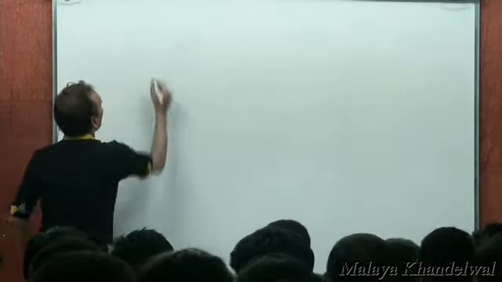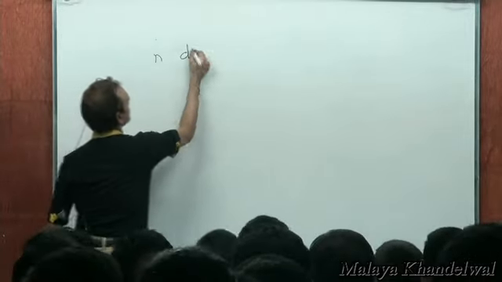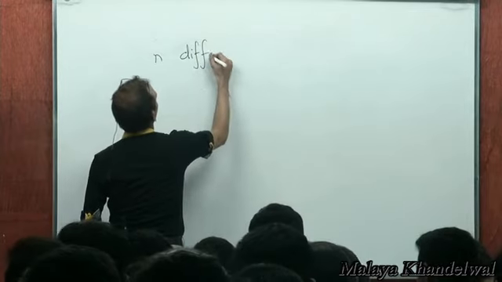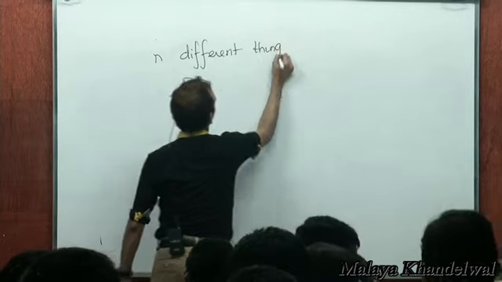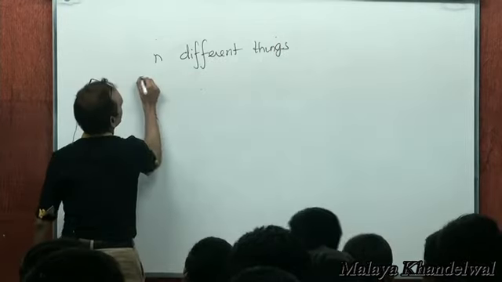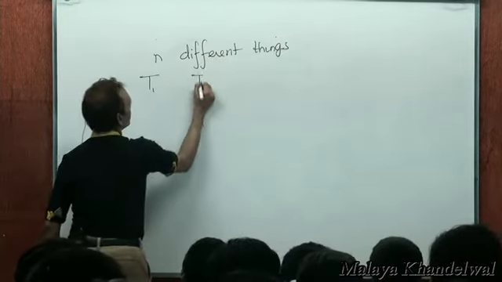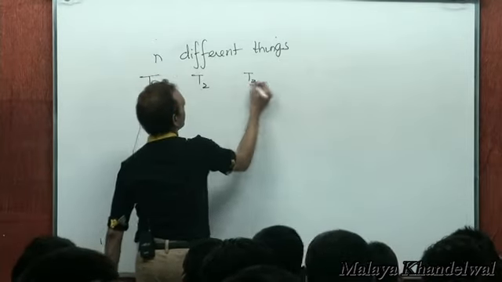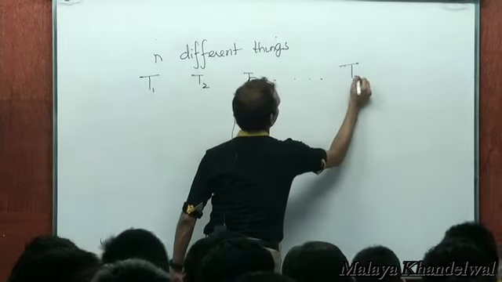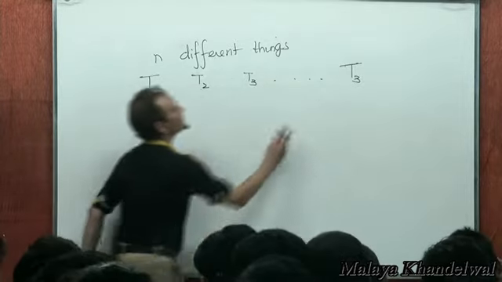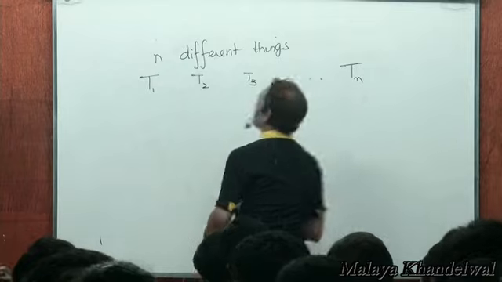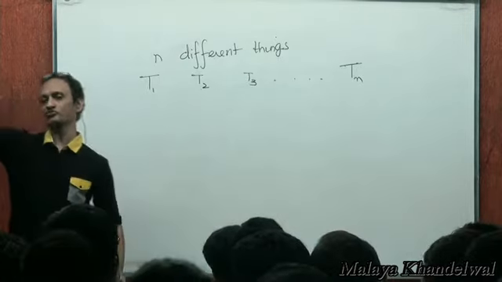Suppose I have n different things. Call them T1, T2, T3, Tn. These are n different things and one instance of each.